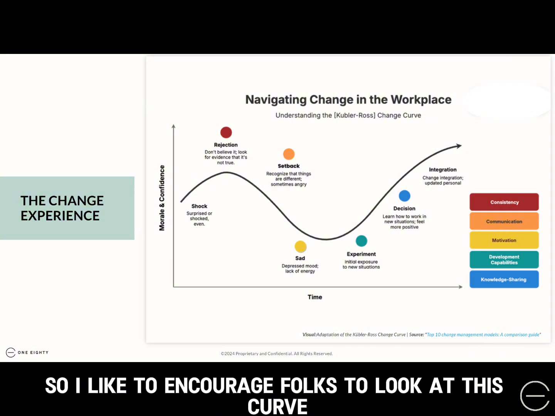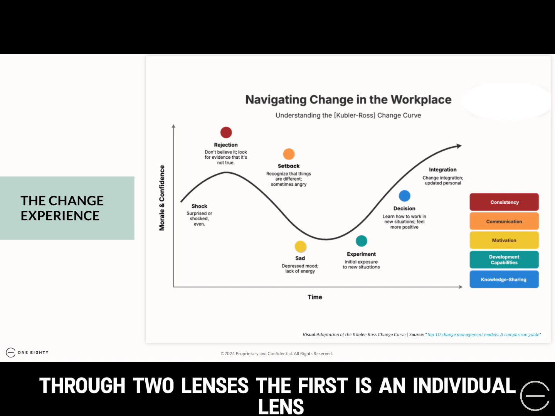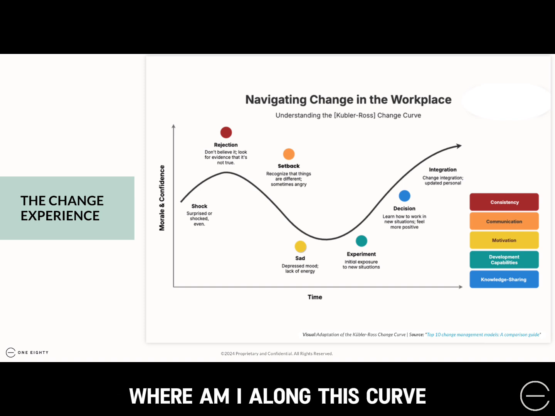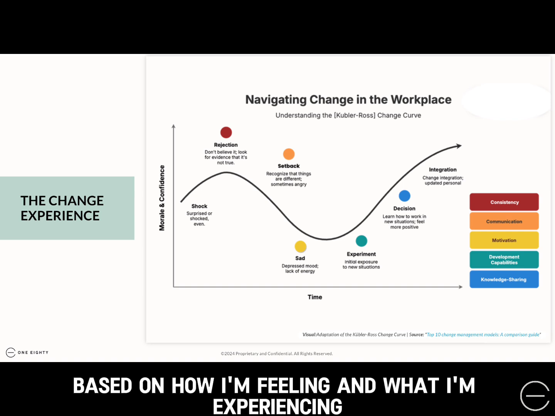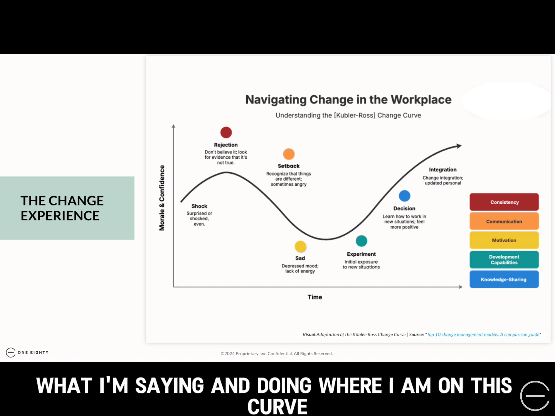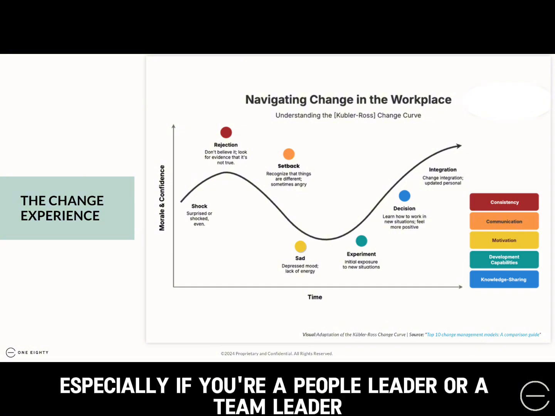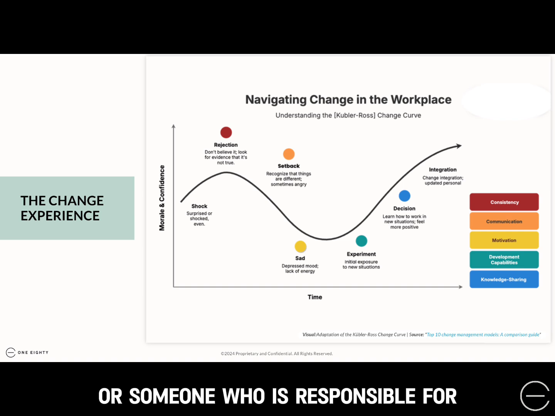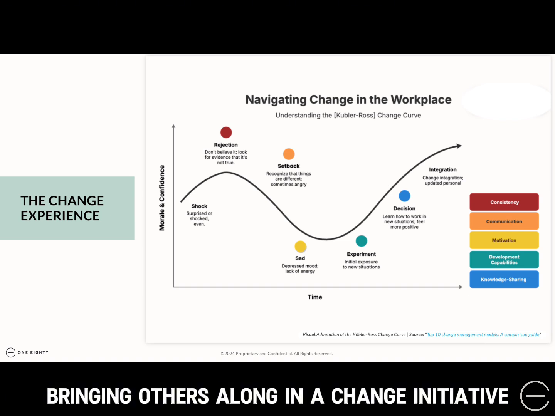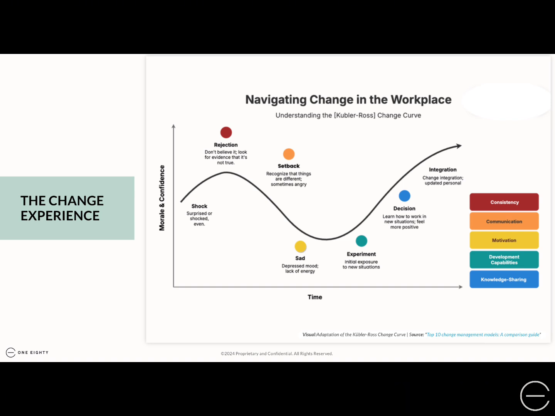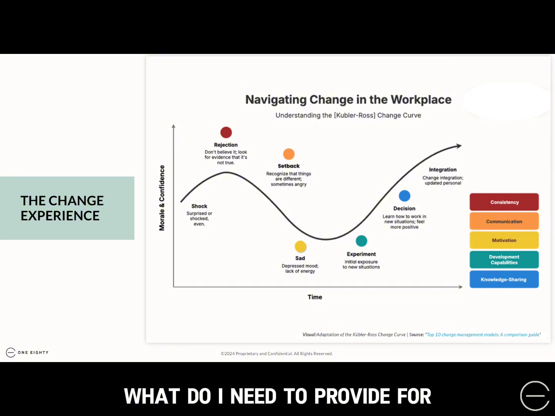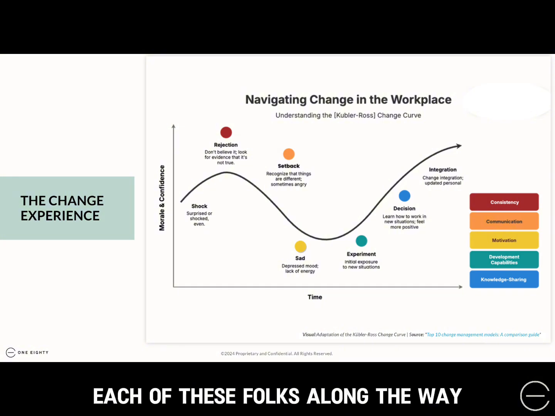So I like to encourage folks to look at this curve through two lenses. The first is an individual lens. Where am I along this curve? Can I identify based on how I'm feeling and what I'm experiencing, what I'm saying and doing, where I am on this curve? And the second is, especially if you're a people leader or a team leader or someone who is responsible for bringing others along in a change initiative, what do I need to provide for each of these folks along the way?